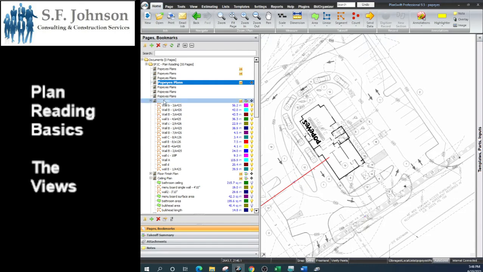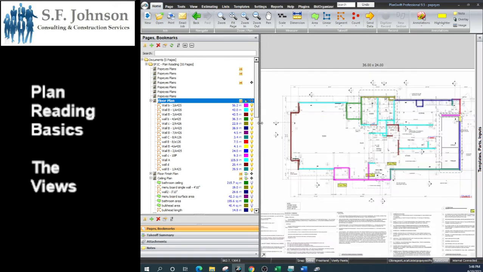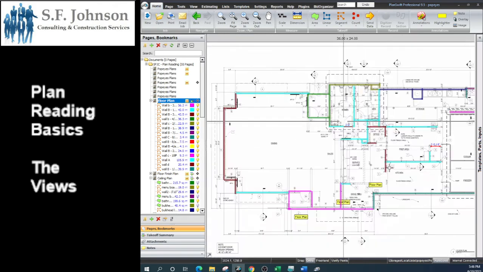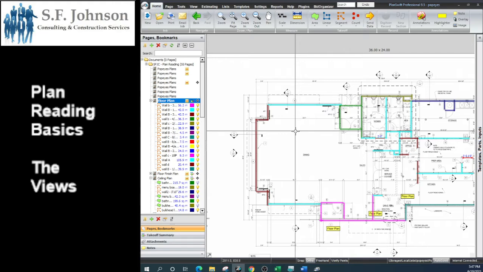Let's go to another plan view, this floor plan. Same view from above, as if we've taken the ceiling and the roof off and now we're looking into the building. Same thing: it gives us the information where we can measure how many linear feet each of the interior and exterior walls are.